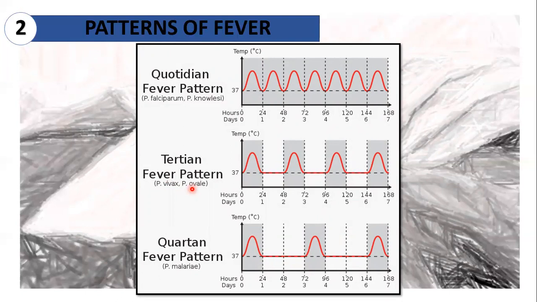And then quartan, fever every 4 days, commonly seen in Plasmodium malariae. Okay? So you see, it is very important that you know these patterns of fever to know the most likely diagnosis for the condition.